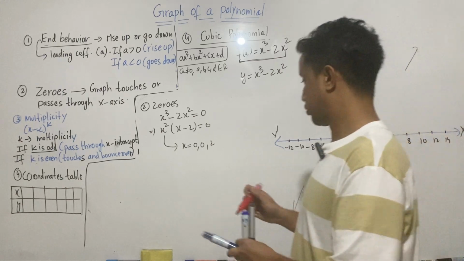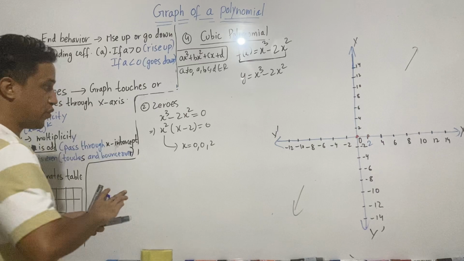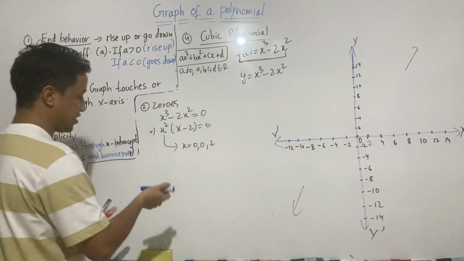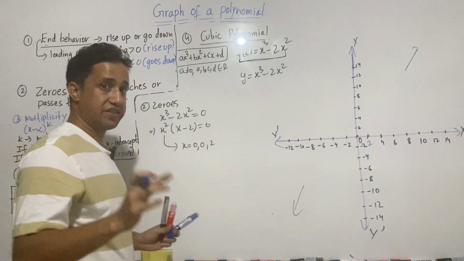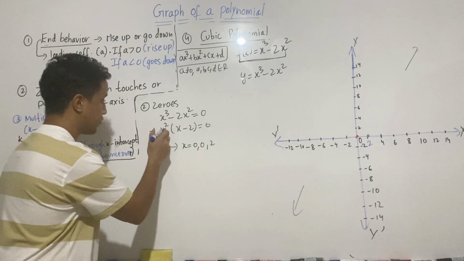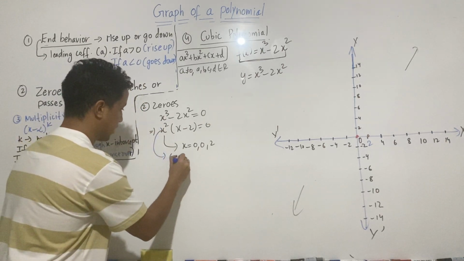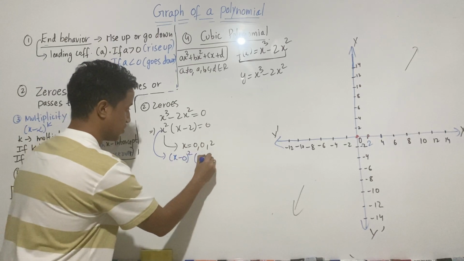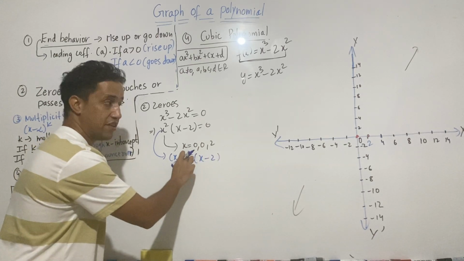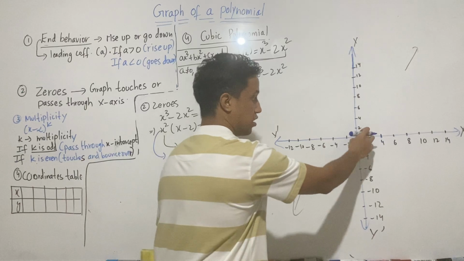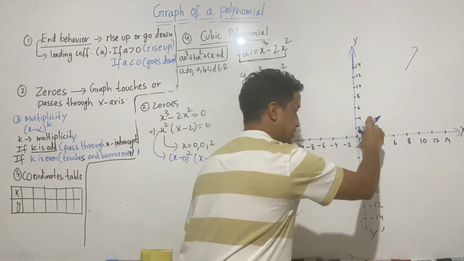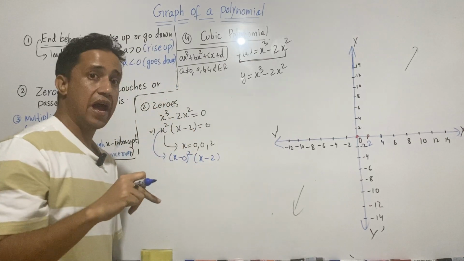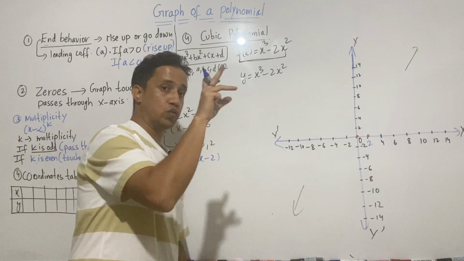Now, number 3 is multiplicity. If you check the multiplicity of x minus 0, I can write it as x minus 0 squared times x minus 2. The multiplicity is even, which means the graph will touch the x-axis at the origin and it will bounce over.